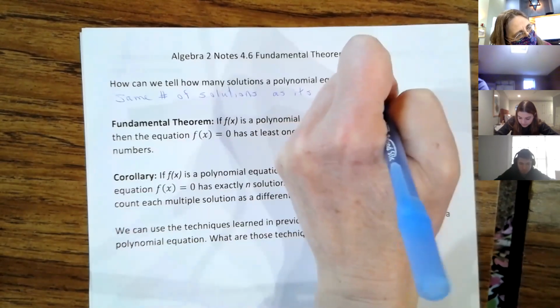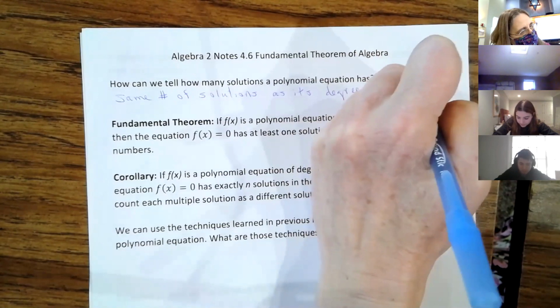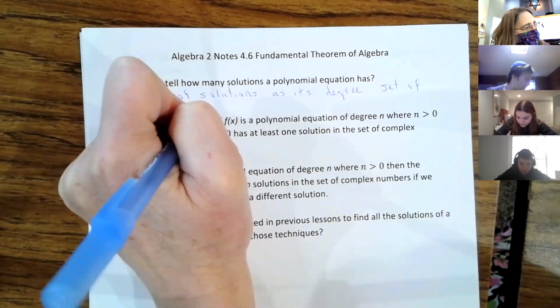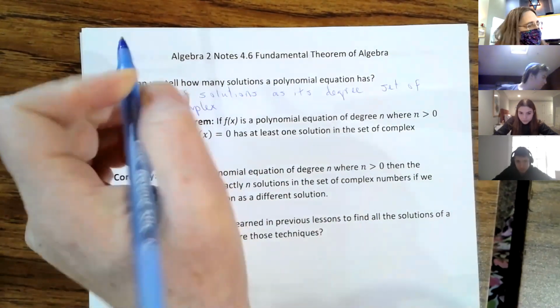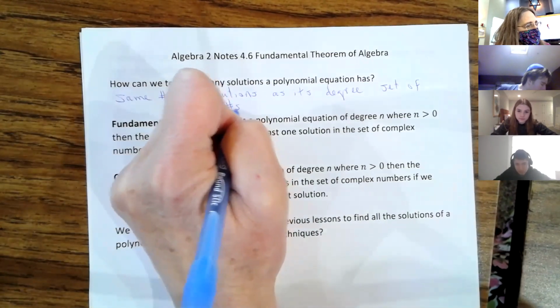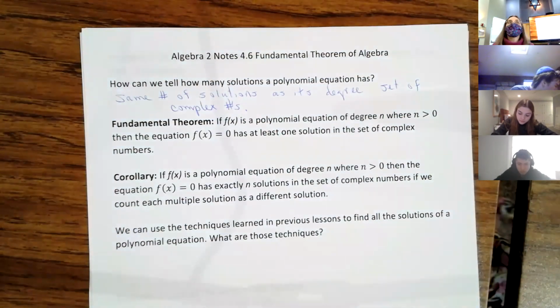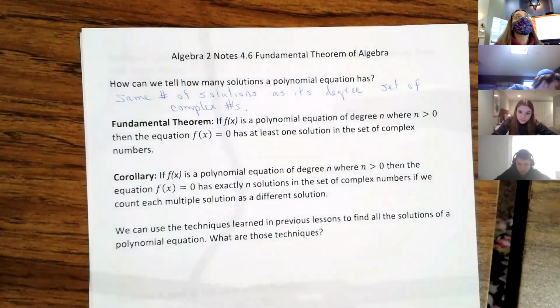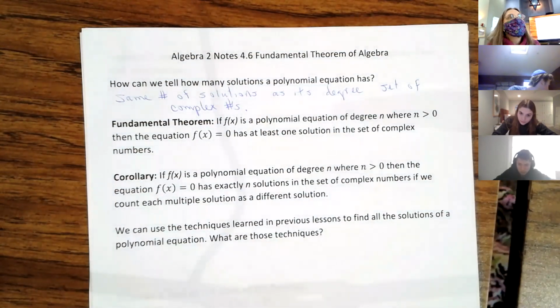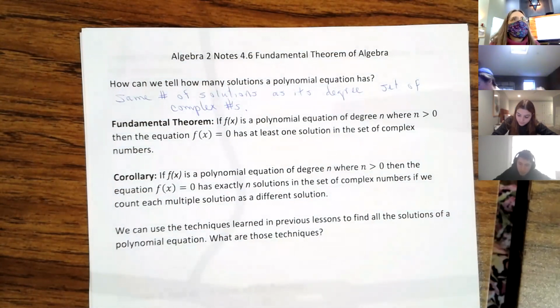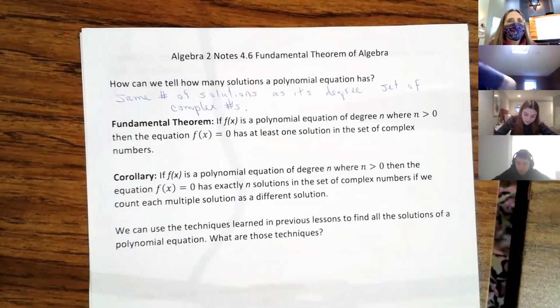And that's going to be in the set of complex numbers. So if we just look at a graph, it's going to tell us how many real solutions we have. Like Becca said, if we look at our x-intercepts, that'll tell us how many real solutions we have. But if we open the solutions up to the set of complex numbers, it's going to be equal to the degree of the polynomial.